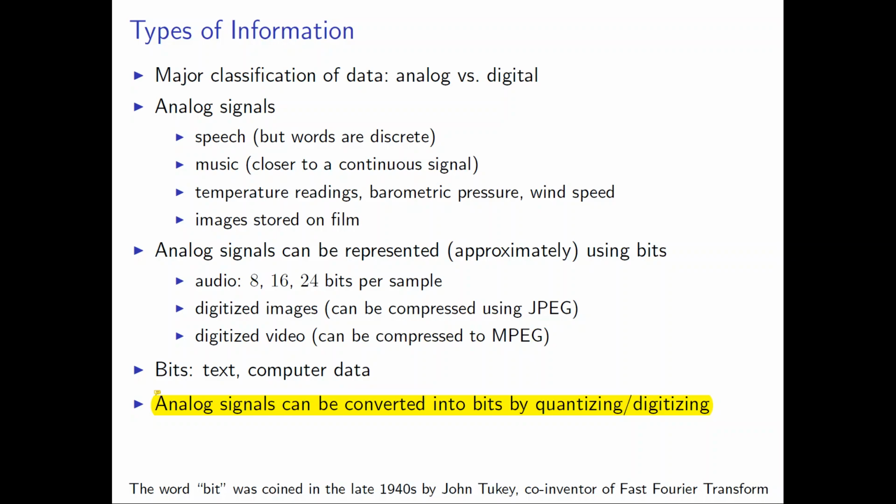If the number of bits used to record each sample is high, let's say 8 bits per sample, then the quality of your voice will be good. If it is lower than this, then the quality of your voice will not be good enough. So you have digitized images, digitized videos. All of them are different representations of your analog signal.